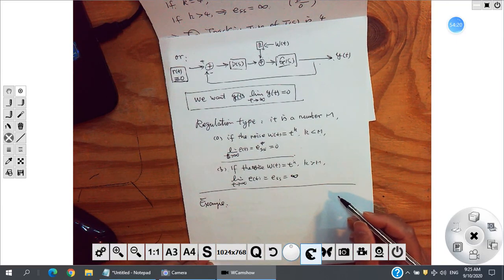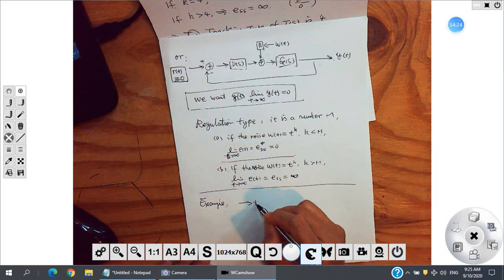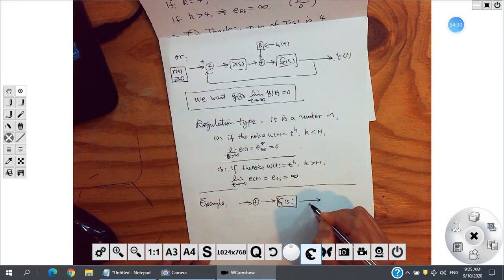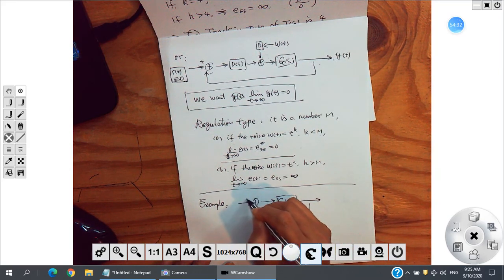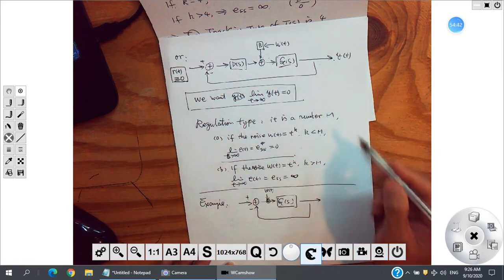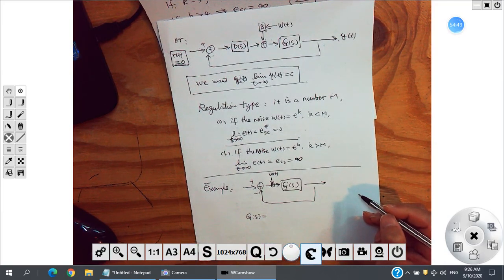Let me choose a G, and suppose no D. I just use the simple case. This is G of S, plus minus, and the noise is here, W, and B is 1, D is 1. You consider this, and G of S equal to what kind of thing can I choose?